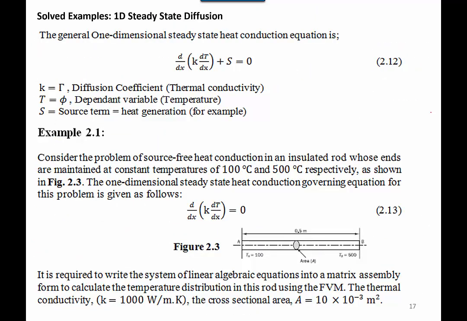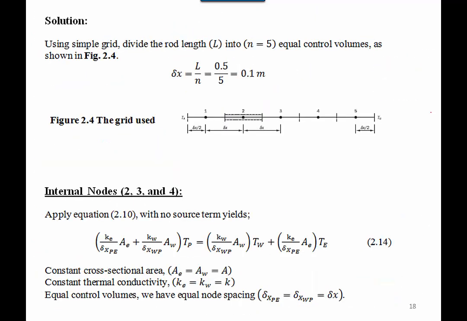Therefore, this equation 2.14 is K east at delta x east multiplied by A east. This represents A point, T point equals A west, T west plus A east, T east.